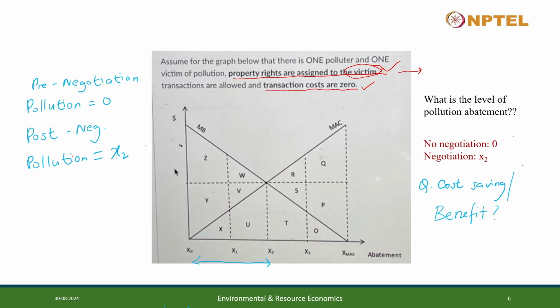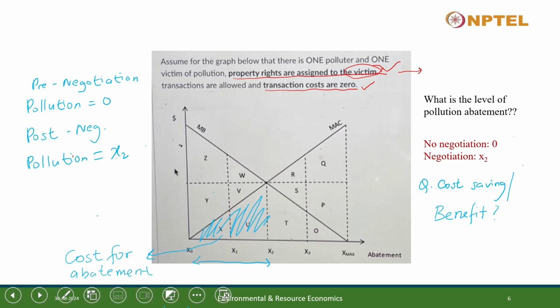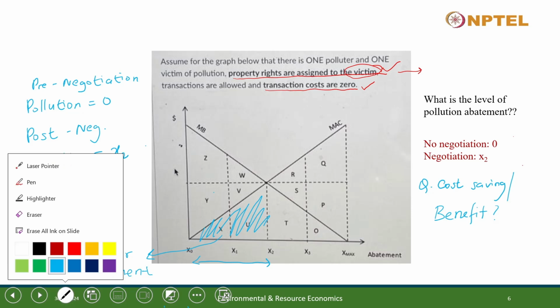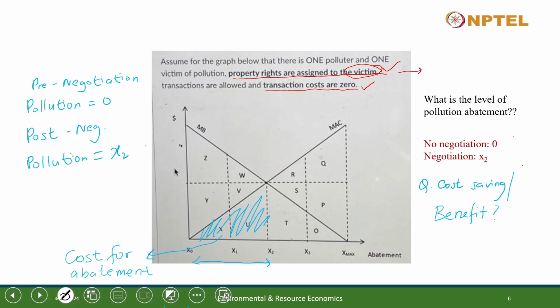So what is the cost of abatement? This area will be my cost for abatement. Am I clear? Now I'm asking anyone, what will be the compensation which the polluter will give to the victim?